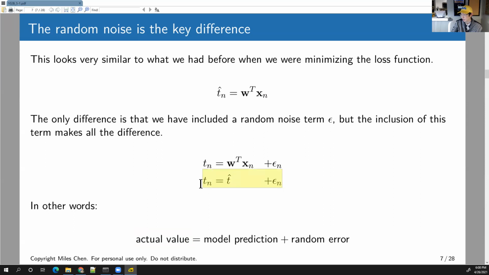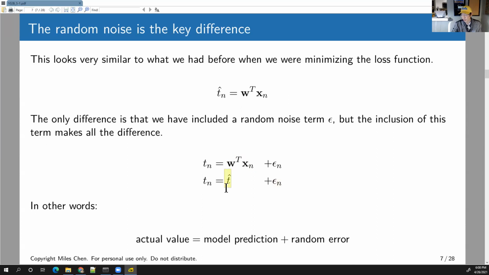This is a common structure that you see in any kind of linear model, or a lot of other models: you have what the model is predicting, and then you always have an error.